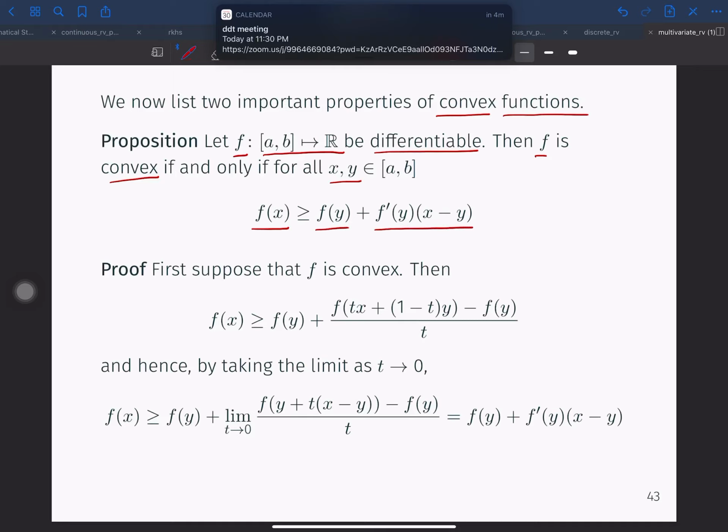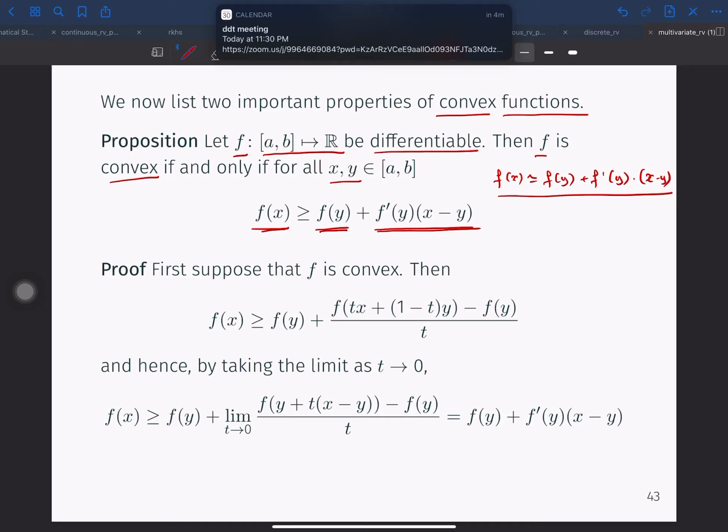You remember from your calculus class, f(x) is approximately f(y) plus f'(y) times (x - y). So this condition says that if a function is convex, then the function has to be larger than that linear approximation.